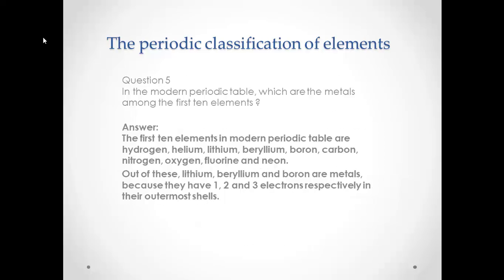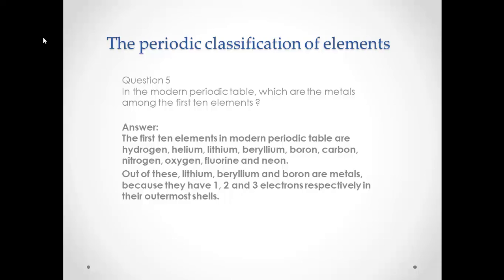Question number 5 is, in the modern periodic table, which are the metals among the first 10 elements? So we have to write the first 10 elements: hydrogen, helium, lithium, beryllium, boron, carbon, nitrogen, oxygen, fluorine and neon. And we know that when you analyze the structure of the periodic table, lithium, beryllium and boron are coming on the left side of the periodic table.